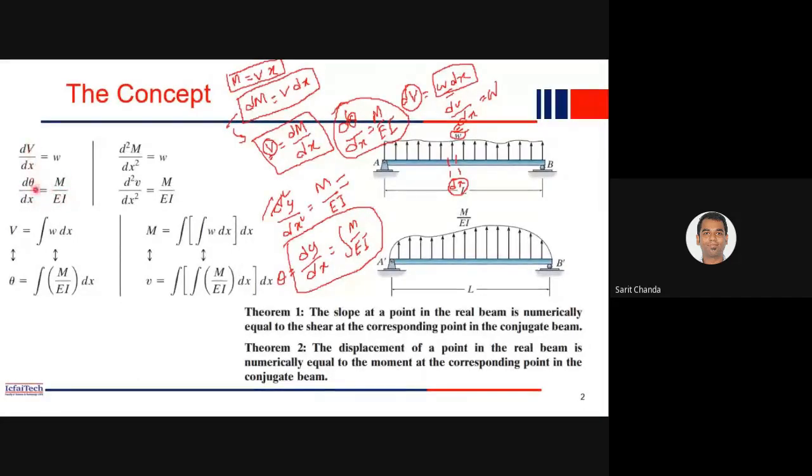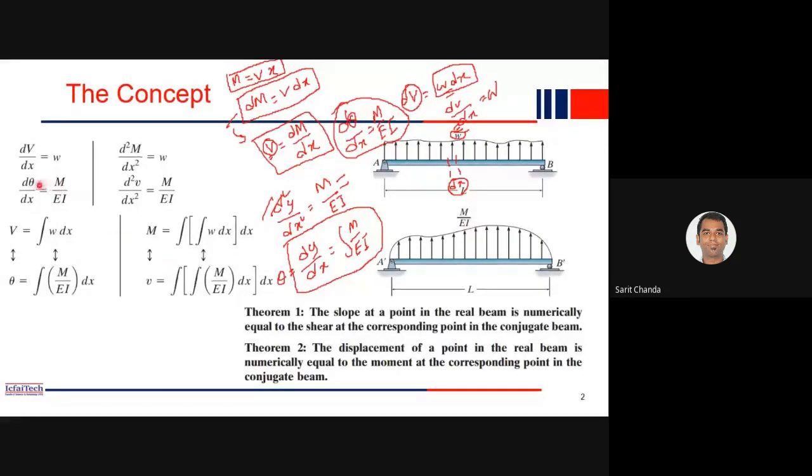So from the similarity between these two, what you can do is consider an arbitrary beam. This is the real beam, and now imagine an arbitrary or imaginary beam. Just consider the length is L, the same, and this is an imaginary beam where a UDL is acting. This UDL magnitude is M by EI.